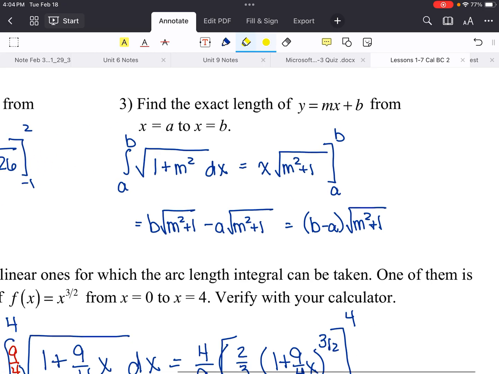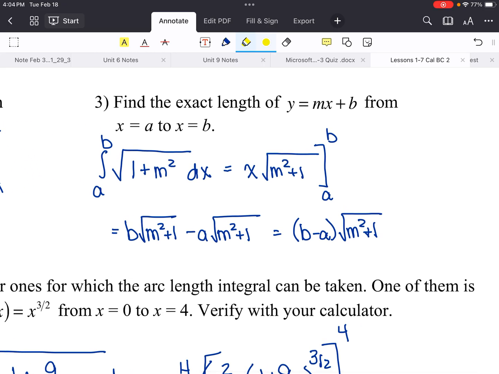This next one is the same thing, but it might seem a little bit more challenging because it's all in terms of variables, no numbers in it. So I want the exact length of the distance between 2 points, between A and B, and this is a linear function. So that would be the distance, the integral between A and B, square root 1 plus the derivative of mx plus b, which is just m.